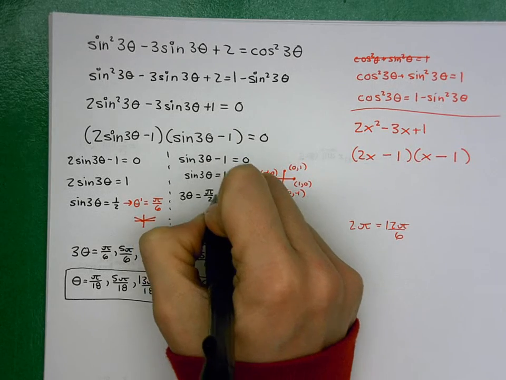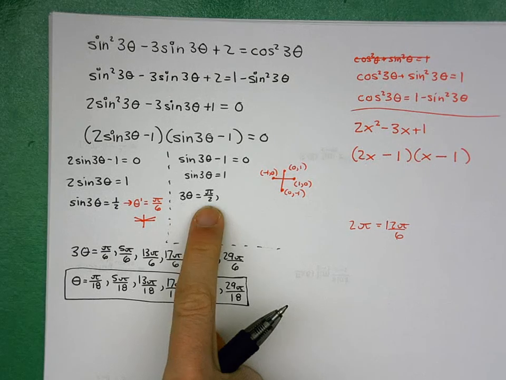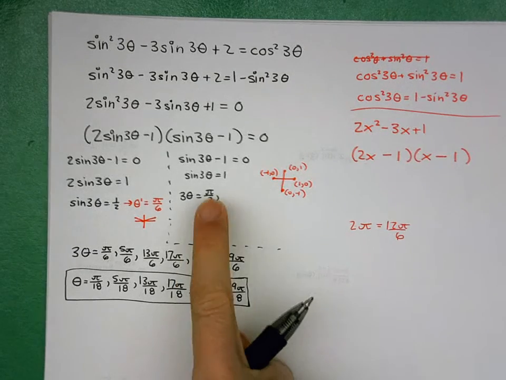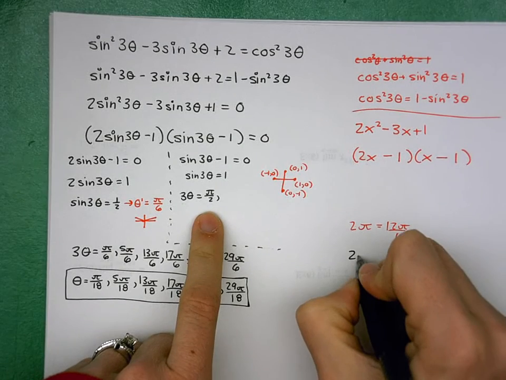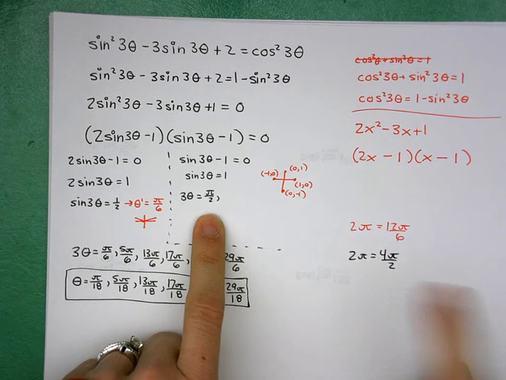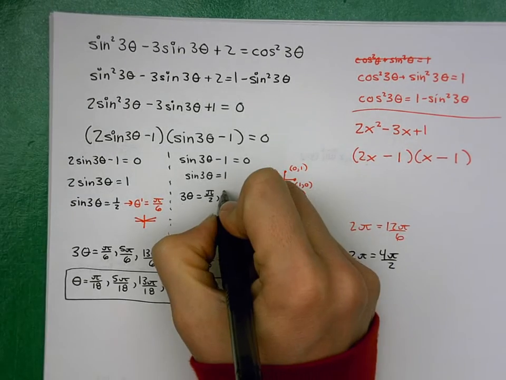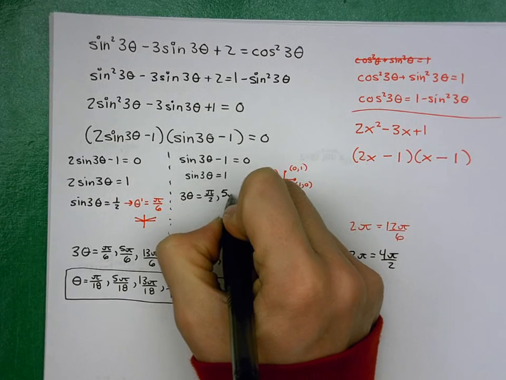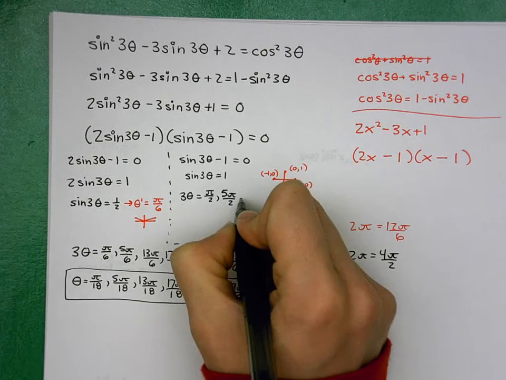And again, this is rotating 3 times as quickly, so we need to add 2 pi to this a couple more times. 2 pi with a denominator of 2 is 4 pi over 2. Okay. And so that's what I'm adding to my pi over 2 here. So a second rotation would put me at 5 pi over 2, adding 4 pi over 2. And a third rotation would put me at 9 pi over 2.